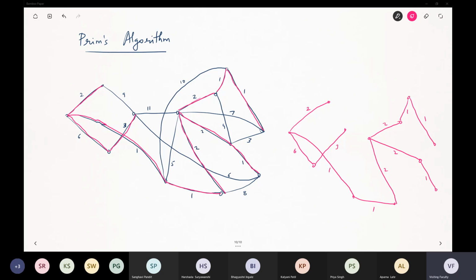So now just take 5 minutes and just look at this and tell me if you don't understand something.